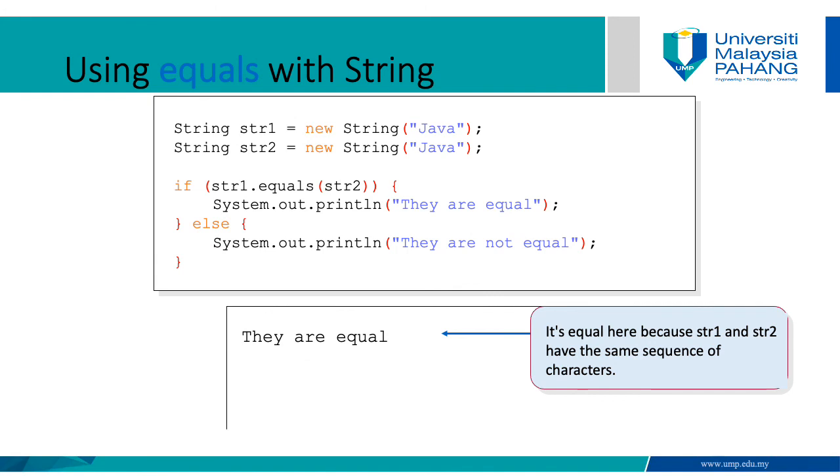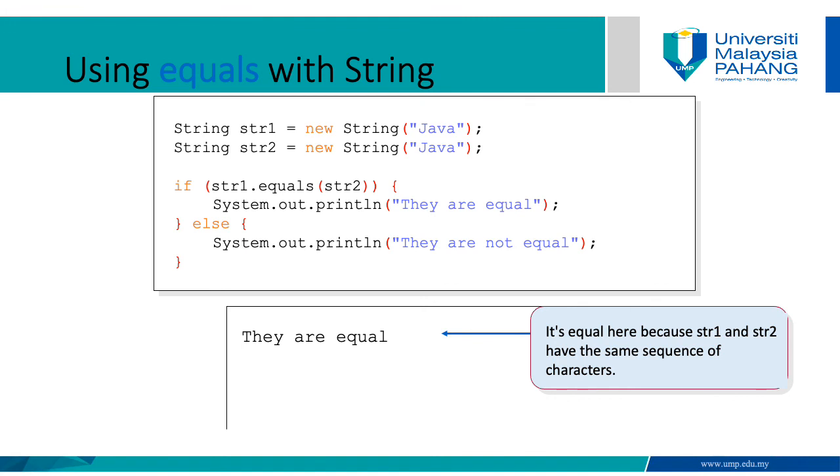So now if we're using equals with string, earlier we used the symbol, the equality operator. Now what if we use the word equals? What are we trying to do? It's the same thing.